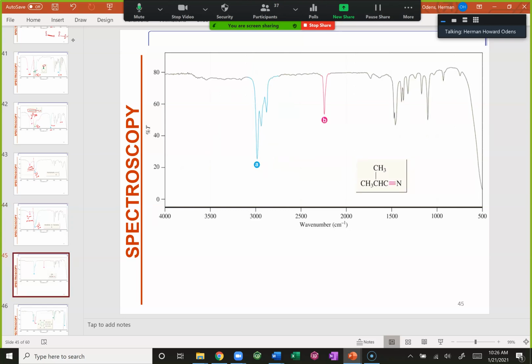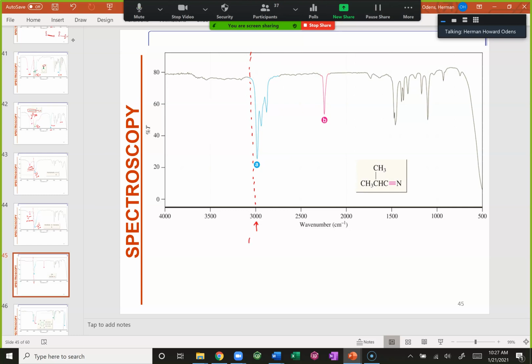All right, we have a nitrile group here. According to this structure, do I have sp or sp2 character? Absolutely not. So I'm gonna trace the 3000 magic line. Every time I say the magic line, I remember Forrest Gump telling Lieutenant Dan, magic legs.